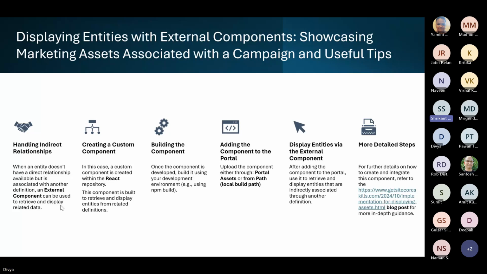Then in the custom component front end logic, we have to write the logic to display the data, as the control is at our end. Divya has given the blog link she created for the same use case, with more detailed steps. So mostly our focus will be creating the external component and adding it in the Content Hub.